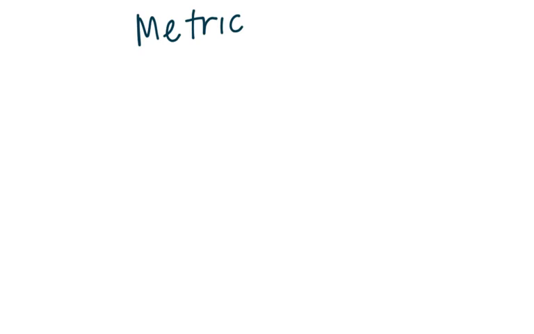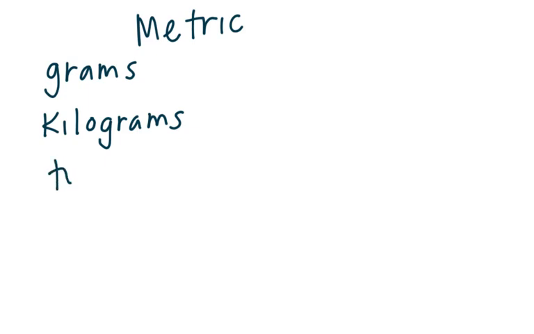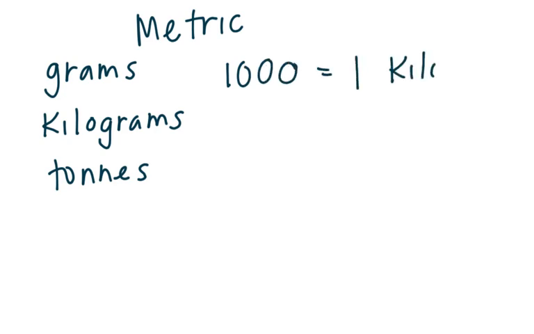The most common units of measurement for the metric system are grams, kilograms, or tons. Now, it takes 1,000 grams to make 1 kilogram.